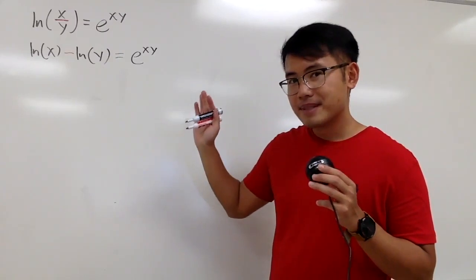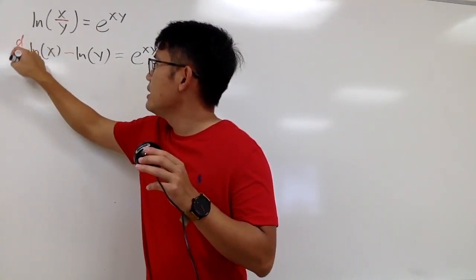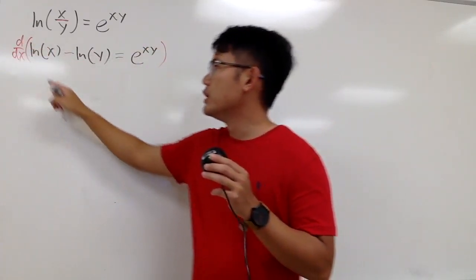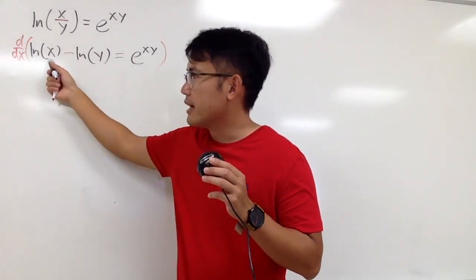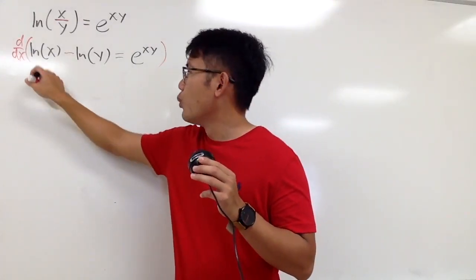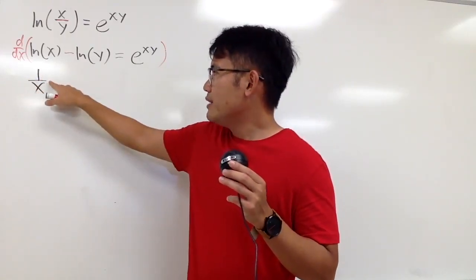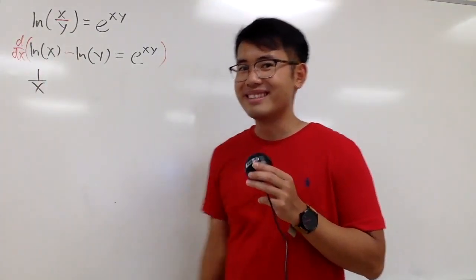All right, from here I will just write down d/dx to represent that we are taking the derivative with respect to x. And here we go. The derivative of ln x with respect to x is 1 over x. And that's it. You don't really need to multiply by the derivative of x with respect to x, because that's just equal to 1.